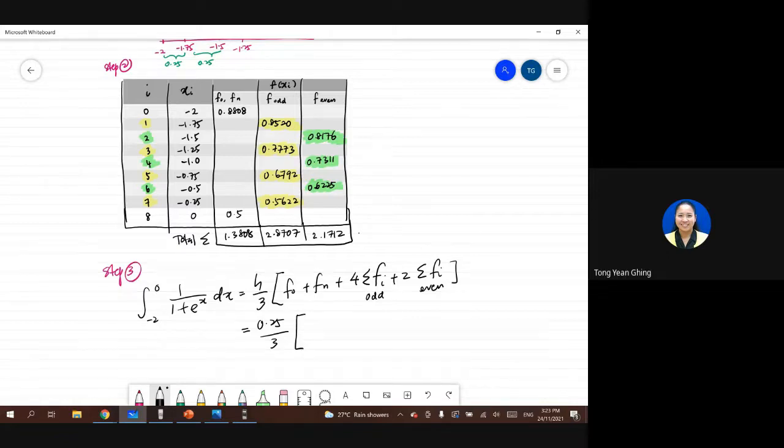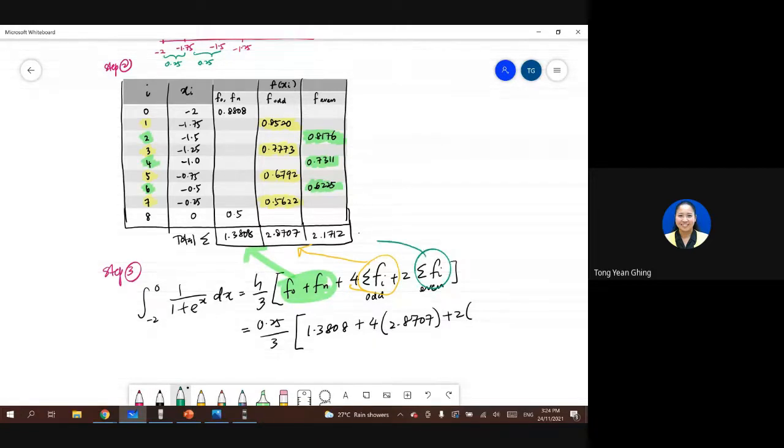f0 plus fn, we have already calculated these two, where this one is this one. So this one is 1.3808 plus 4 times the summation we calculated earlier, which is this one, 2.8707, plus 2 times the even summation we calculated just now, this one, 2.1712.